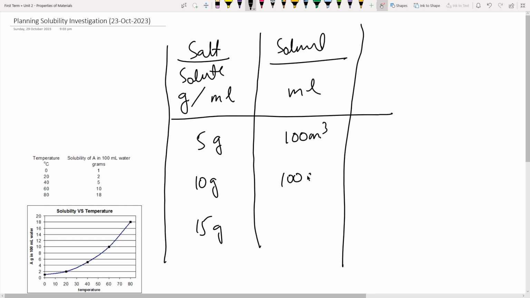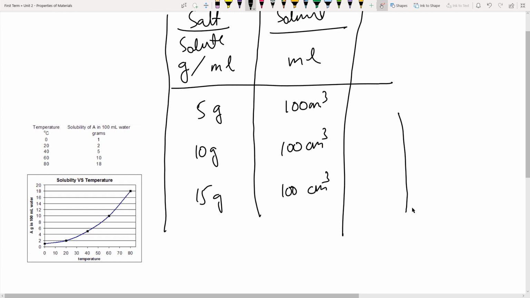So for all three, I use the same amount of solvent. As you can see, in this case, the amount of solute is 5, 10, and 15, and the solvent is, let's just say, 100.